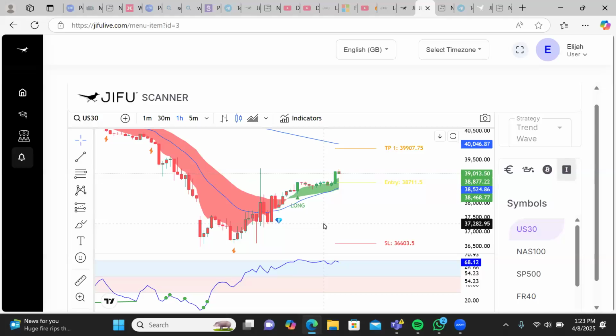So now, remember, 4 out of all the time frames must be saying the same thing, right? Now that they are all saying the same thing, let's go and confirm with Kill Shot to know our volume.